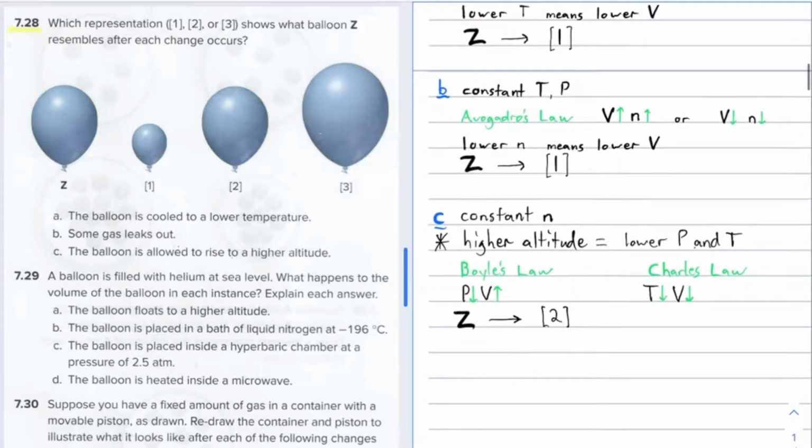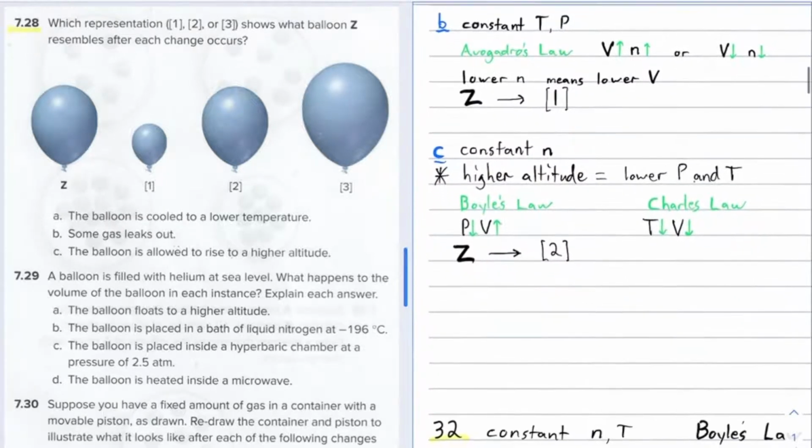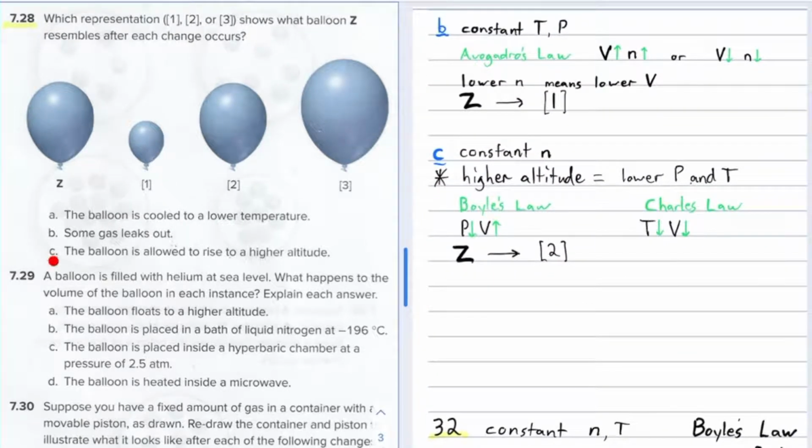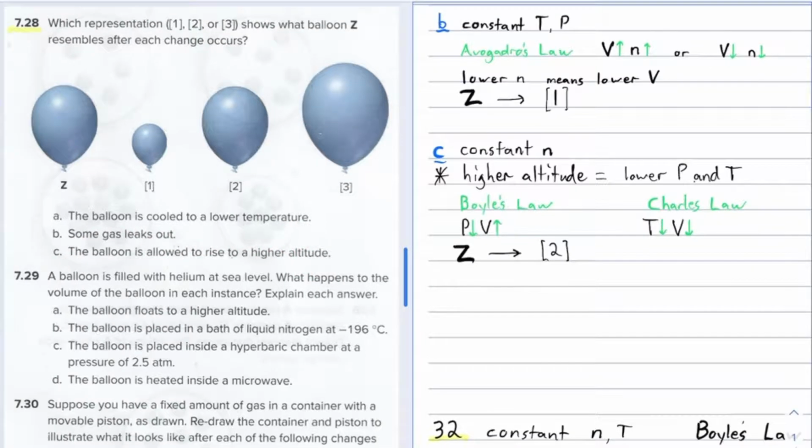Okay, the last one. The balloon is allowed to rise to a higher altitude. Now this one's a little tricky. When you're at a higher altitude, the atmospheric pressure gets lower, but it also gets colder.